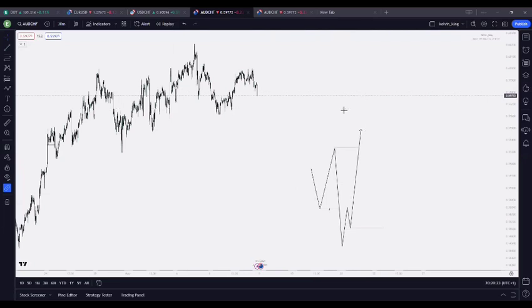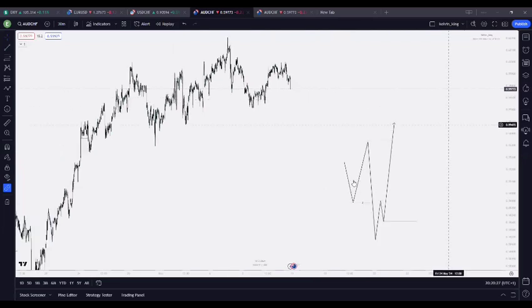Now, where can I spot something like this? I can see something like this in a support zone, in a resistance zone, inside a fair value gap, inside an OB whatsoever. Now, one of my secret ingredients to this particular pattern is using the line chart.